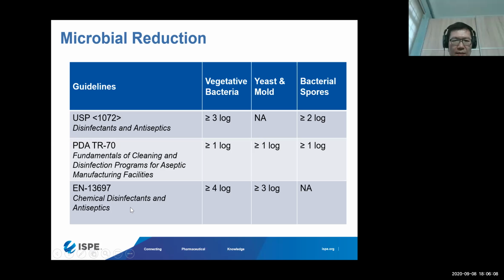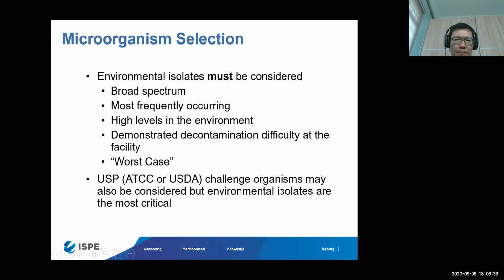EN 13697 for vegetative bacteria is 4 log, yeast and mold is 3 log. Typically for the acceptance criteria, for bacteria we take 3 log. Yeast is 3 log. Fungal spores can be 2 log, and bacterial spores 2 log as well. Typically those are the combination of acceptance criteria used for the coupon studies.